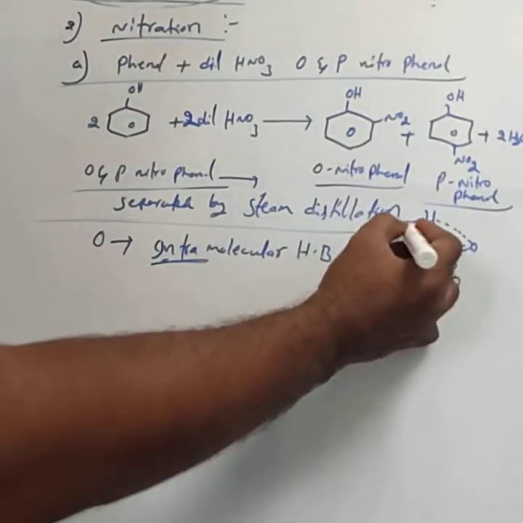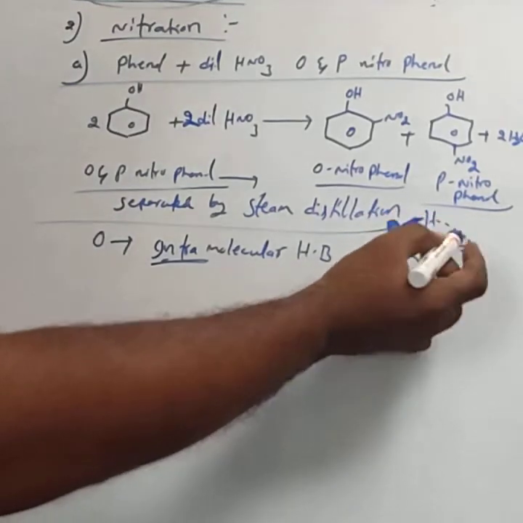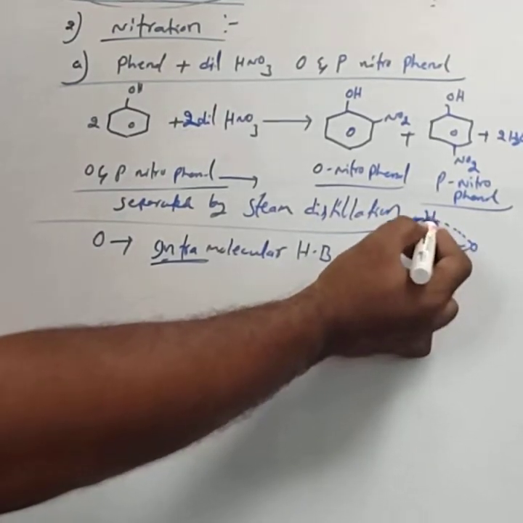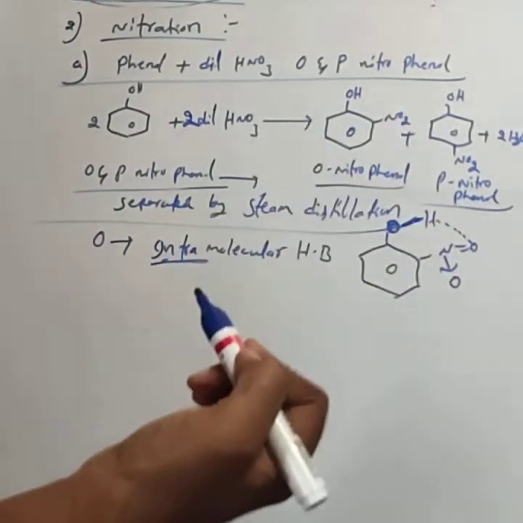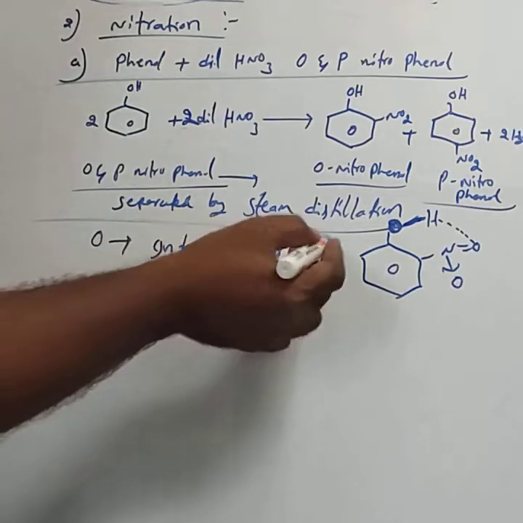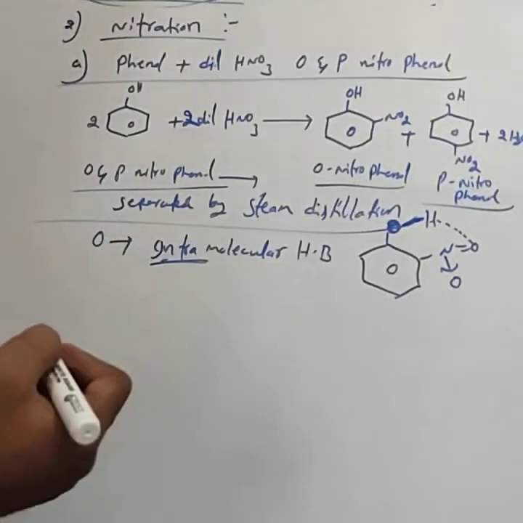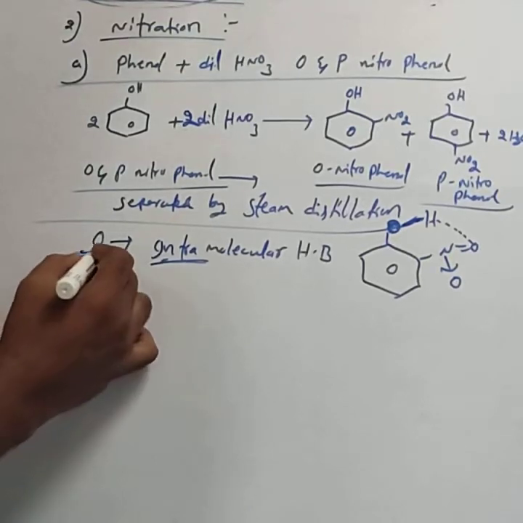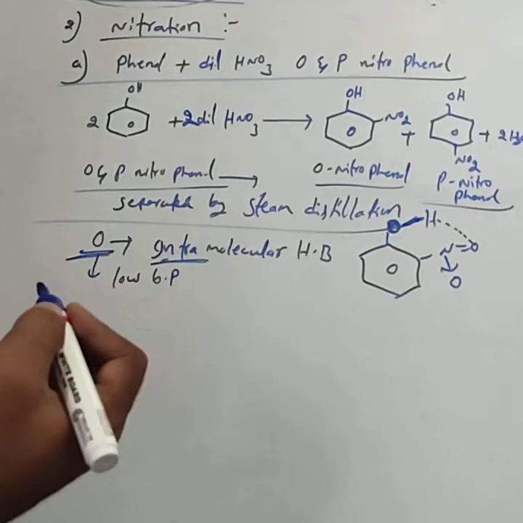This is called intramolecular hydrogen bonding. Within the molecule, between hydrogen and a more electronegative atom, hydrogen bonding arises. It is called intramolecular hydrogen bonding. Due to intramolecular hydrogen bonding, the ortho isomer has a very low boiling point.